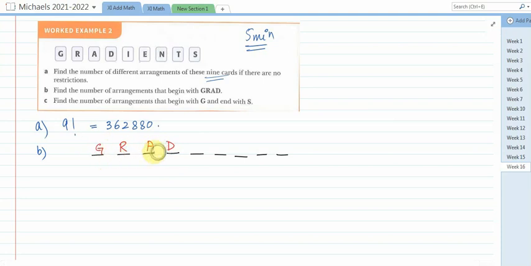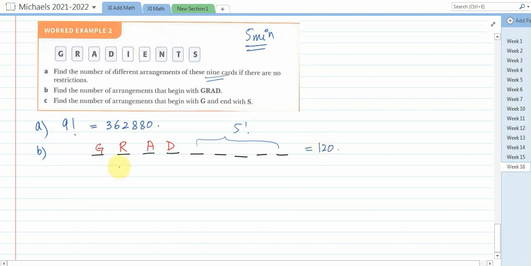So the remaining 5 places need to be filled with any of the leftover cards. How many places are left? It's 5 places, right? So for these 5 places we have 5 factorial, and the answer is 120. So there are 120 ways to arrange the letters if every word begins with GRAD.